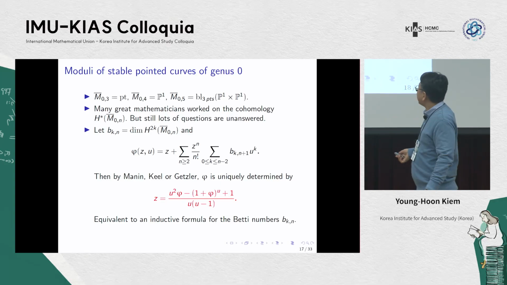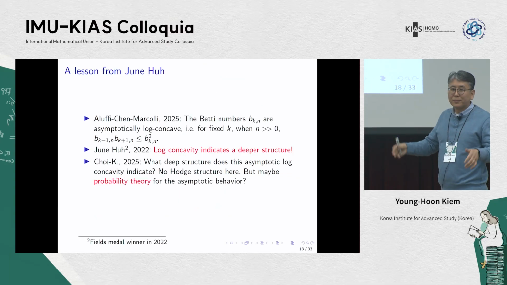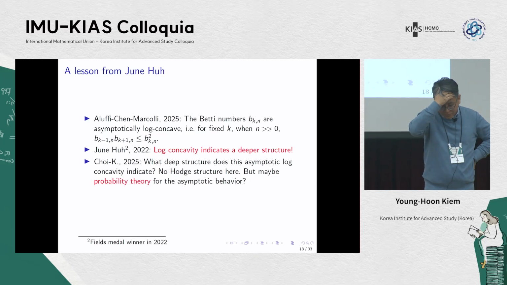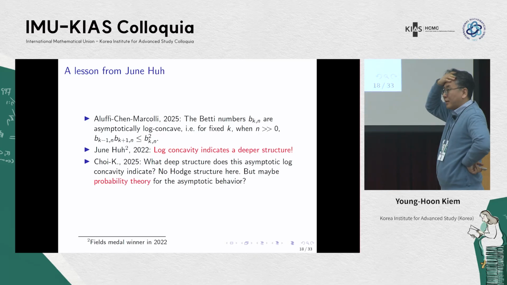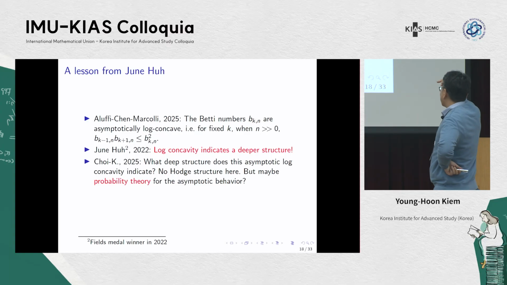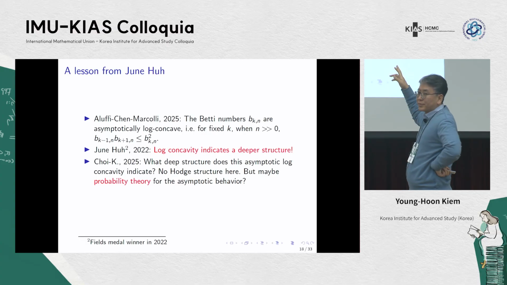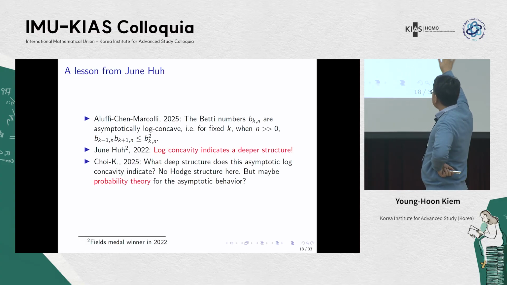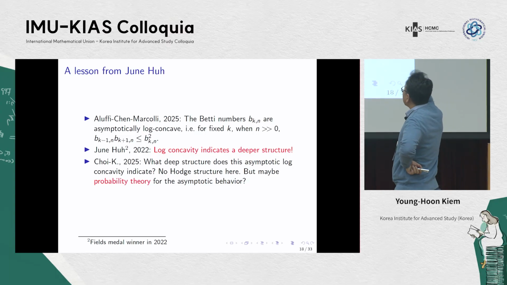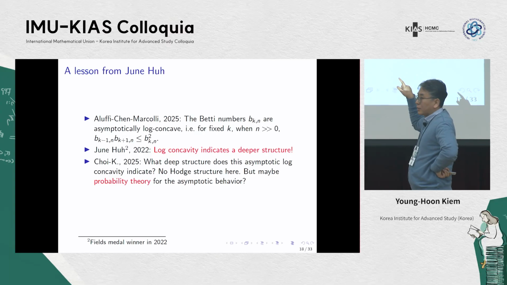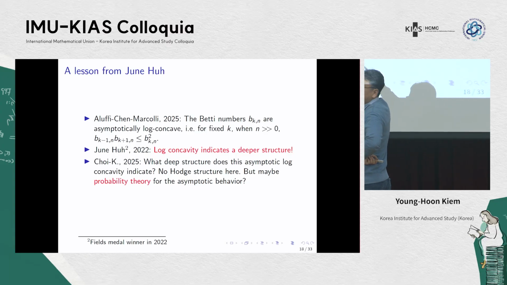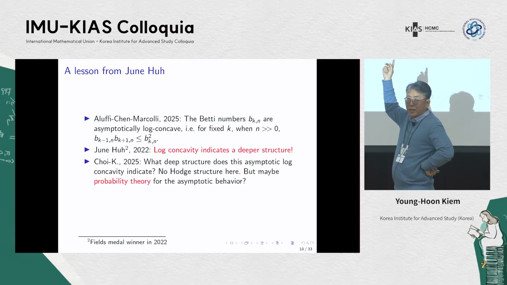But I should talk about the influence of Fields medalists now. So last year, we saw a paper by Aluffi, Chen, and Marcolli. And in their paper, they used the formula I just mentioned in the previous slide to prove that the Betti numbers b_k, so just forget the n, then the Betti numbers b_{k-1}, b_k, b_{k+1}, form an asymptotically log-concave sequence. Log-concave means that b_{k-1} times b_{k+1} is less than or equal to b_k squared.